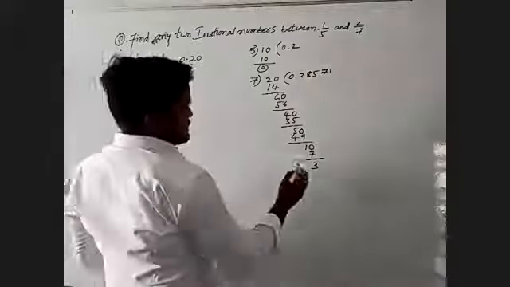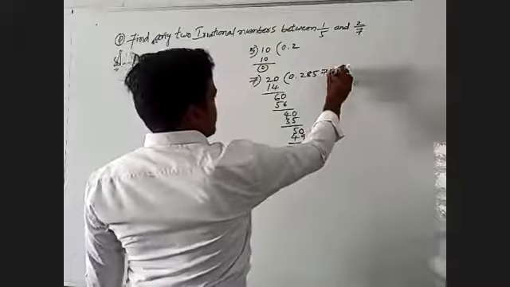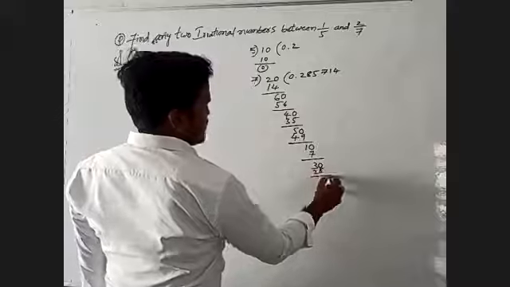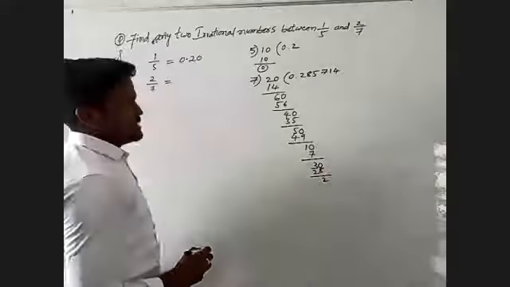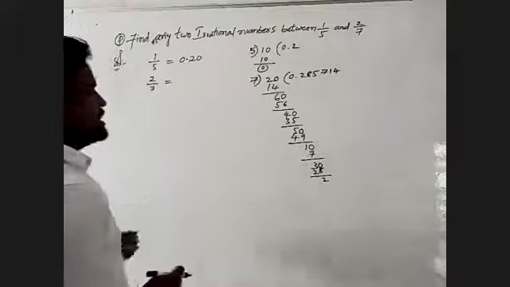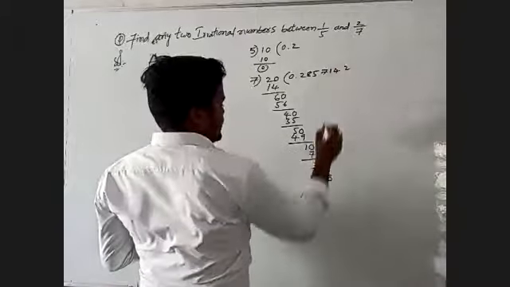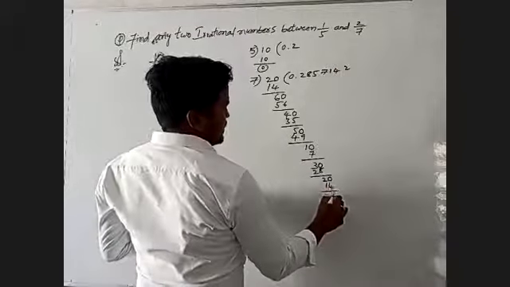Again we take 0. Next 7 fours are 28, the remainder is 2. I will take 0. Again 7 twos are 14, the remainder is 6.